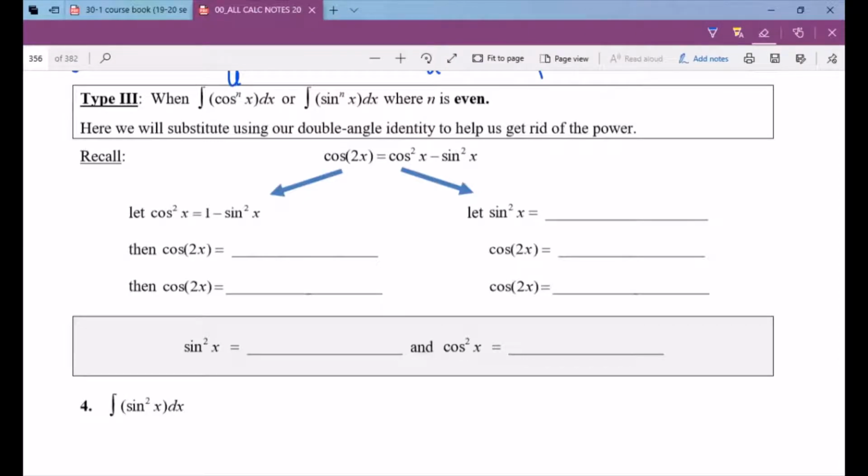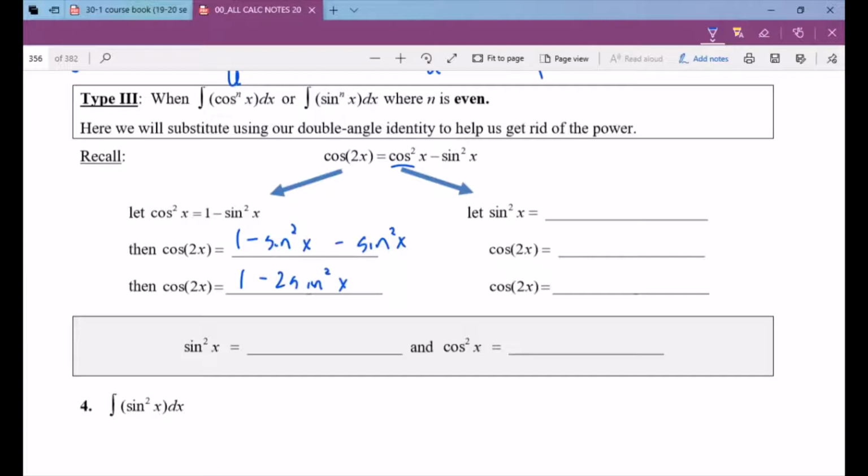And then if we couple that with this Pythagorean identity of cos squared is equal to 1 minus sine squared, then our cos 2x ends up being 1 minus sine squared minus sine squared x. So just substituting that in for cos, which ends up being 1 minus 2 sine squared x.